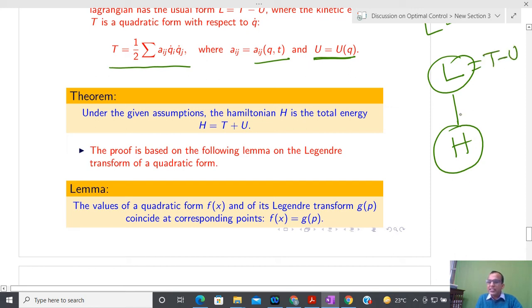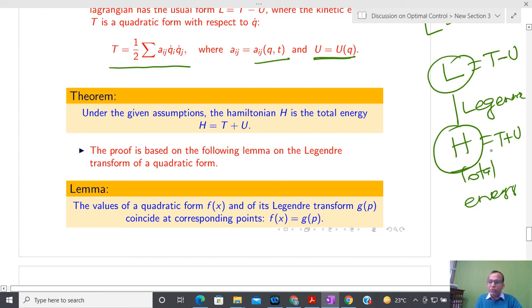After the Legendre transformation, H is given by kinetic energy plus potential energy. It means that it is converted into total energy. So I now have a complete physical interpretation.